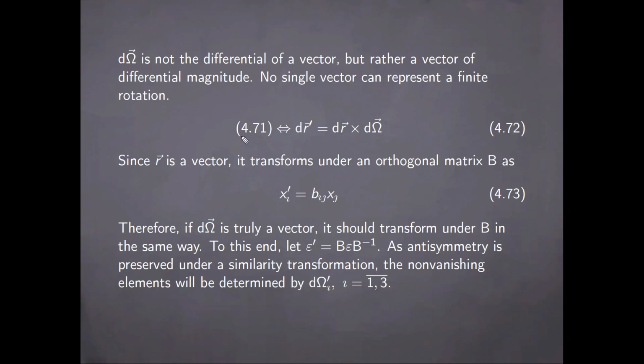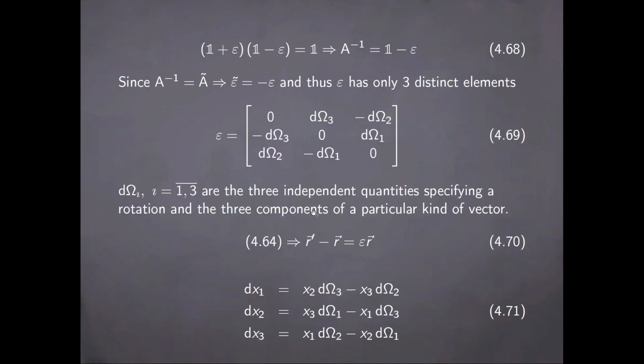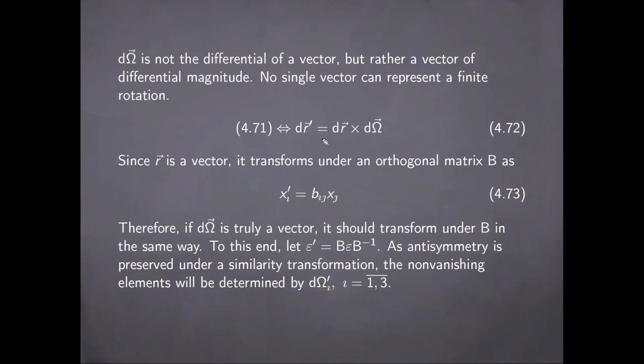And in any case, observe that the set of equations of 471 can be written compactly as here. So an infinitesimal element of the rotated vector is given by the cross product between an infinitesimal element of the original vector in vector product with the vector d omega.